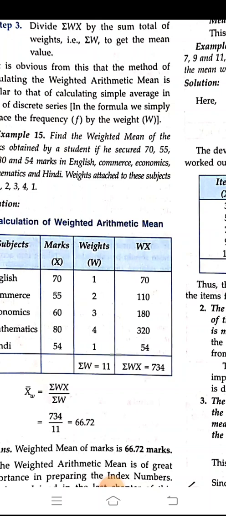Now we are putting the formula, X W is equal to sigma WX by sigma W, that is 734 divided by 11. So the weighted mean of marks is 66.72 marks. Hopefully you understood this much.